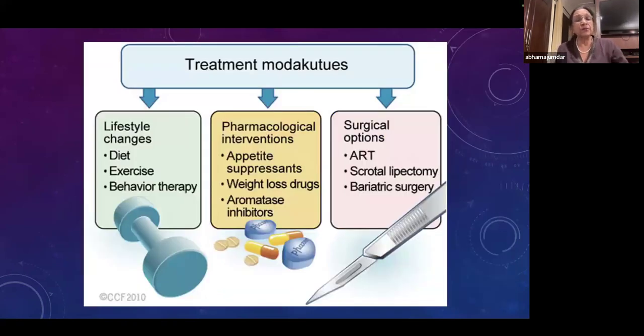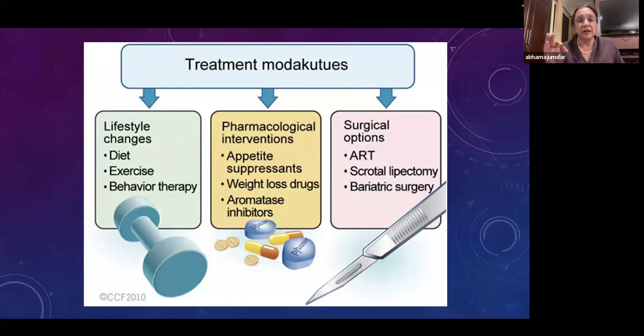What are the treatment modules? Lifestyle changes, diet, exercise, behavior therapy, pharmacological interventions, appetite suppressants, weight loss drugs, aromatase inhibitors. Surgical options are either offer them IVF straight away or just go for bariatric surgery.